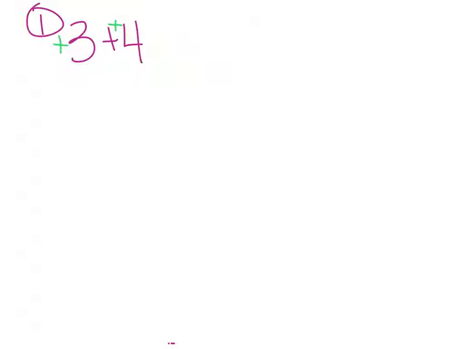The problem is you guys have always dealt with only positive numbers, so we're going to look at that first. So these are the same signs. A positive plus a positive is going to be a positive, okay? And then 3 plus 4 gives us 7. So 3 plus 4 is positive 7, okay?